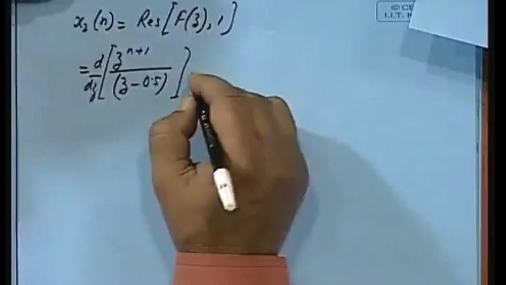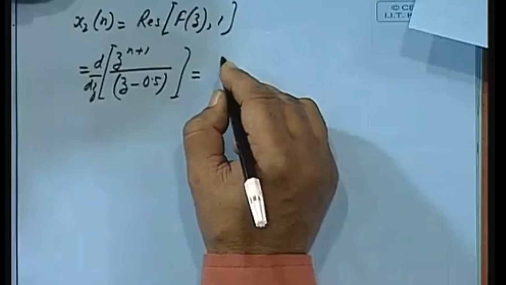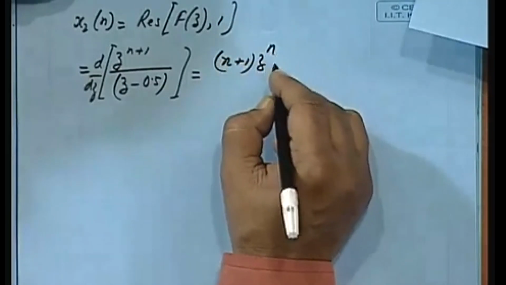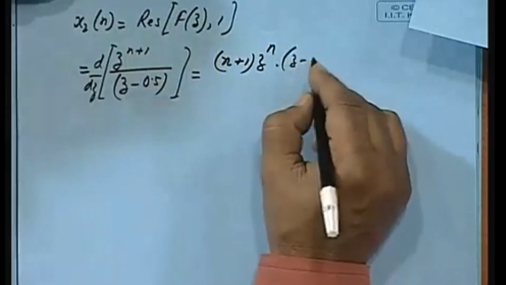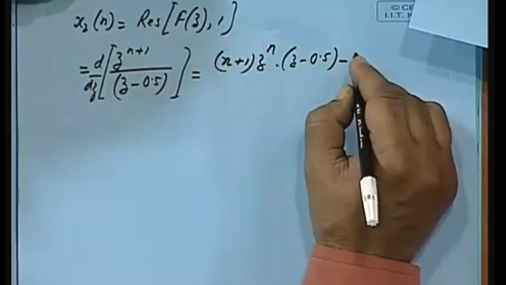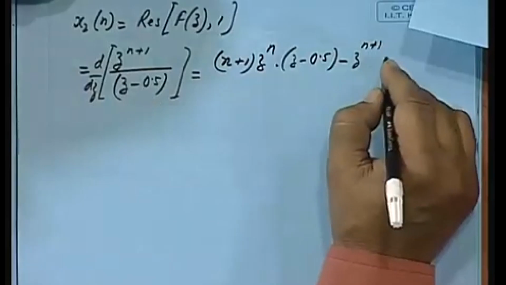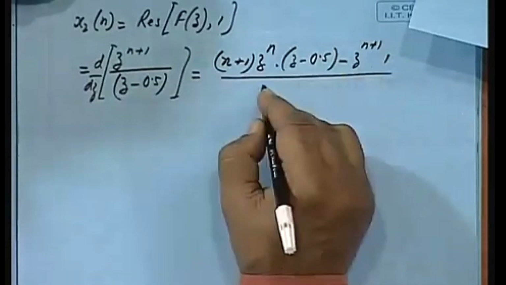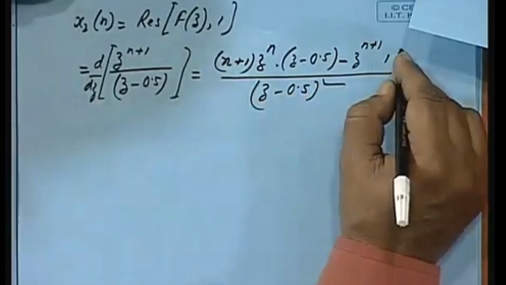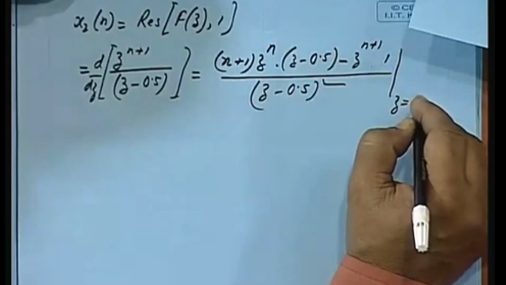That gives me [(n plus 1) z to the power n into (z minus 0.5) minus z to the power n plus 1, the derivative of (z minus 0.5) being 1] divided by (z minus 0.5) squared, and this is to be evaluated at z equal to 1.